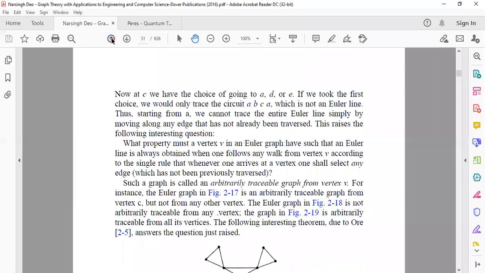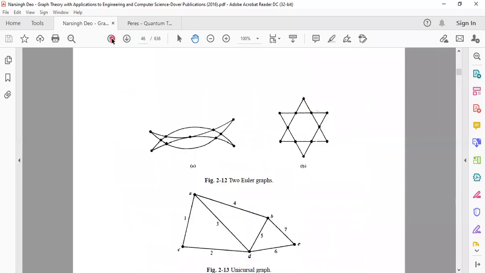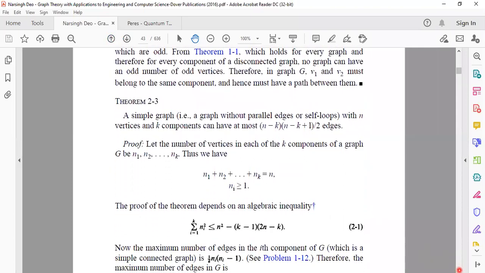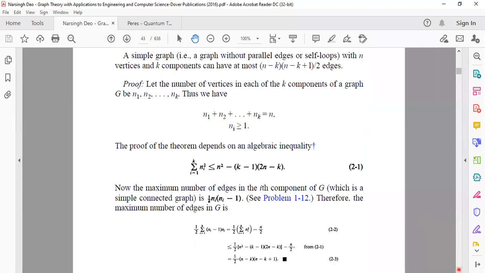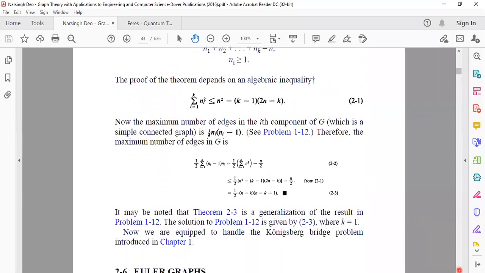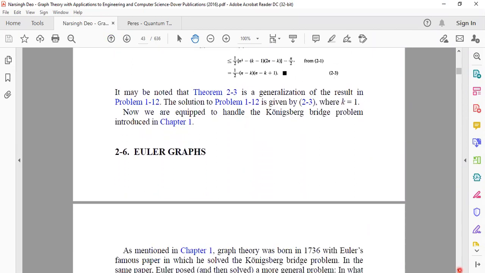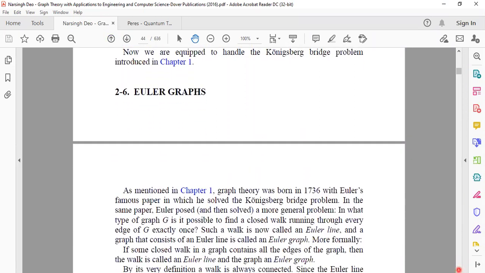One particular drawback with graph theory is that it has lots of different definitions, and it is a fundamental requirement that we need to remember those definitions.